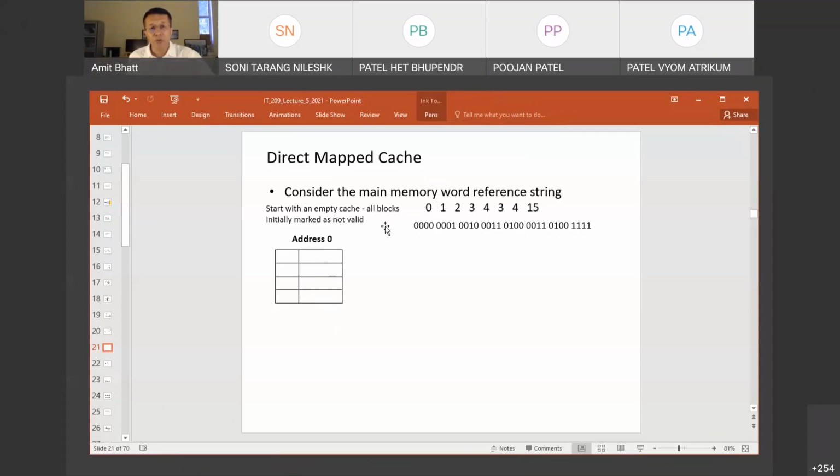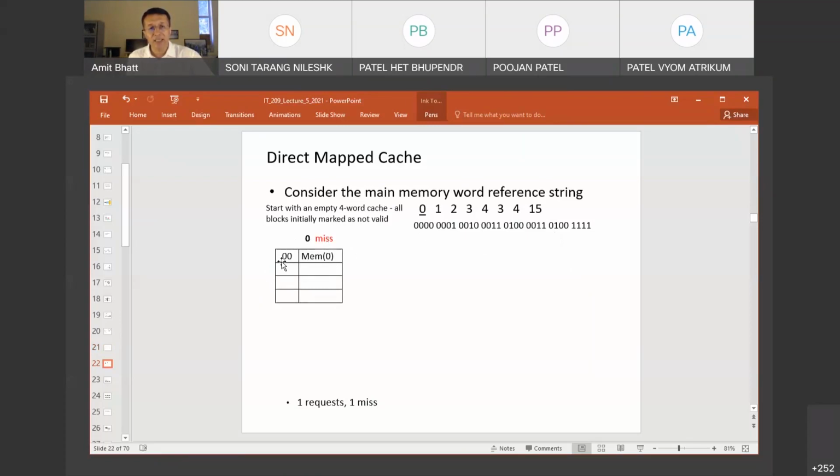So from the next lower level, which let us assume is main memory, we will have to go and get this address 0000 and put it over here. But where will it put it? As you know, the index bits are the last two bits. Look at this, the index bits are 00. So the only place it can sit is here and nowhere else. So this is your miss.